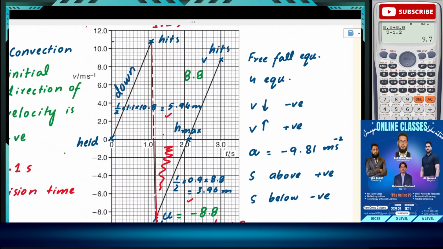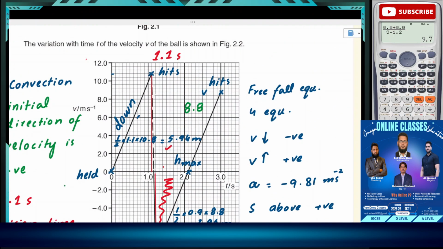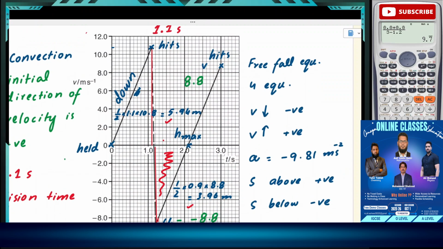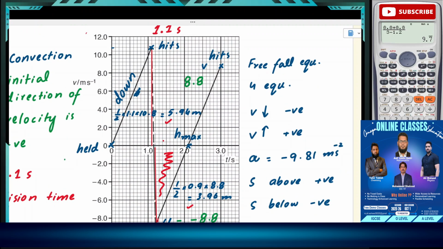So in order to find the displacement, the area that you get, the distance that you get from above the axis and the one that you get below the axis should be subtracted. And likewise, they asked you to find the displacement till 2.1 second.